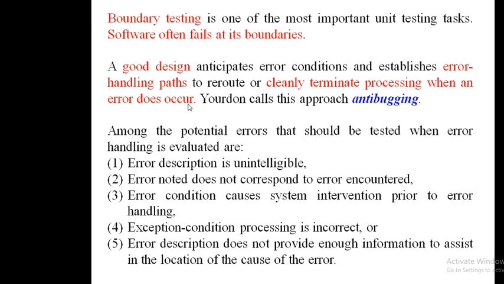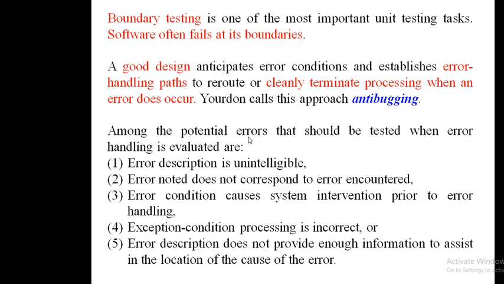So whenever these conditions occur, they are taken care of. This approach is called anti-bugging. Anti-bugging means that before errors occur, we rectify them in our projects or programs by using error handling methods.